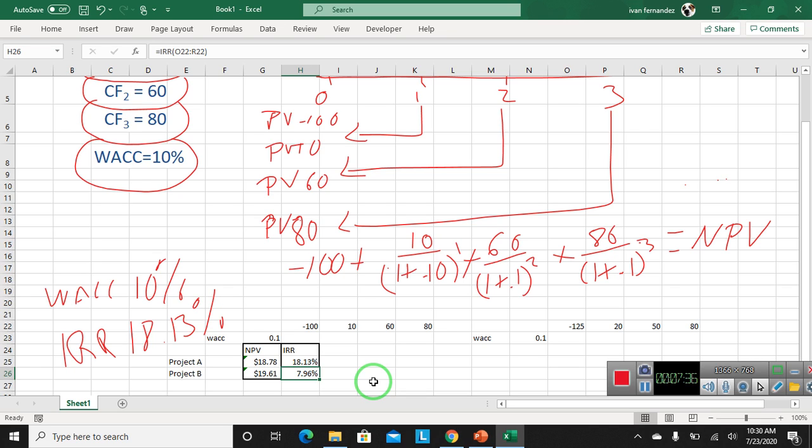If you have two projects and they both have a positive IRR above the WACC and they're mutually exclusive, then you take the one with the higher IRR, just like NPV. In that sense, they behave similarly. This is basically the same. Okay, thank you.